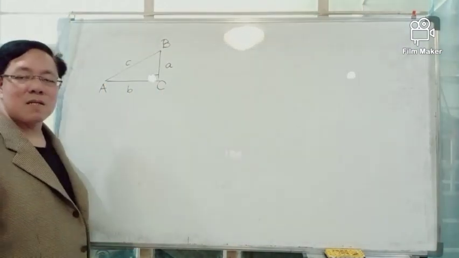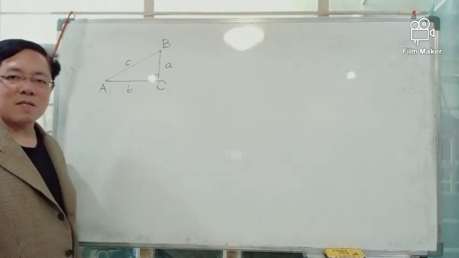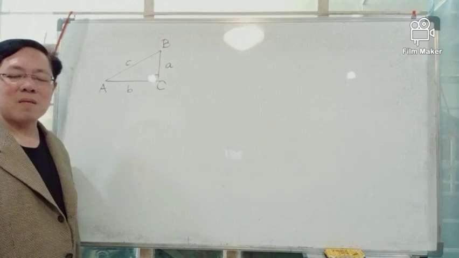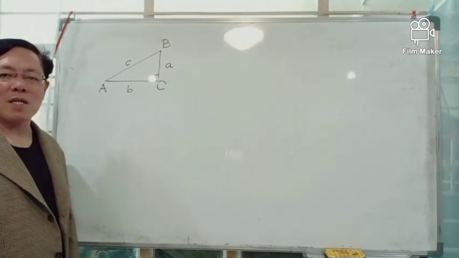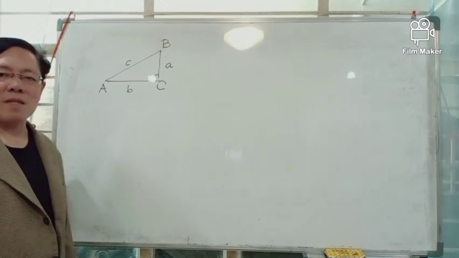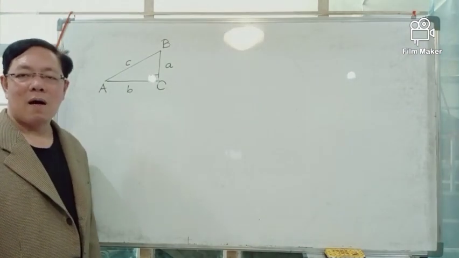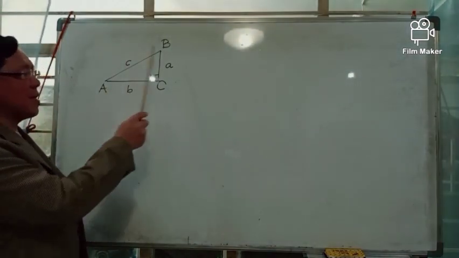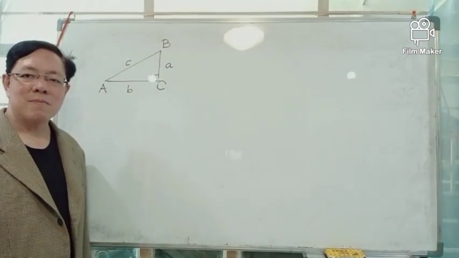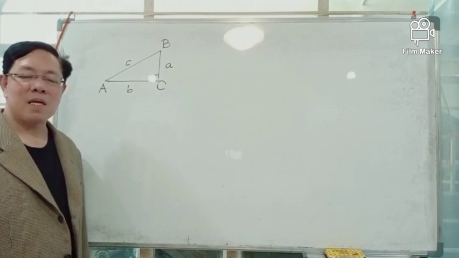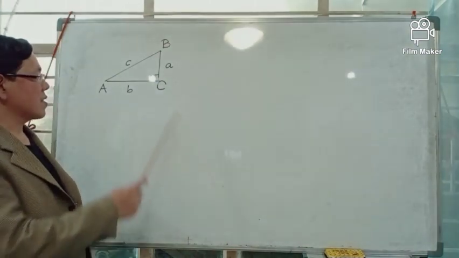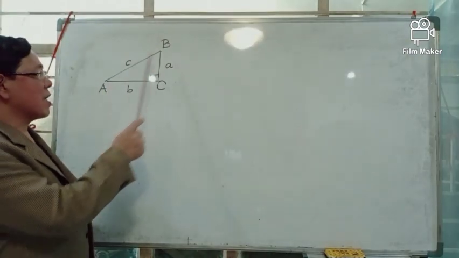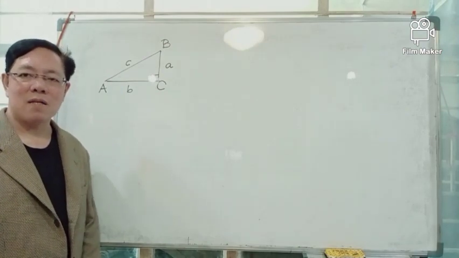Since the right angle C is 90 degrees, then A plus B must be equal to 90 degrees, which means that A and B are complementary angles, and these angles A and B are acute angles. A or B cannot be 90 degrees because the right angle is already at C. Therefore, angle A and angle B are acute angles.